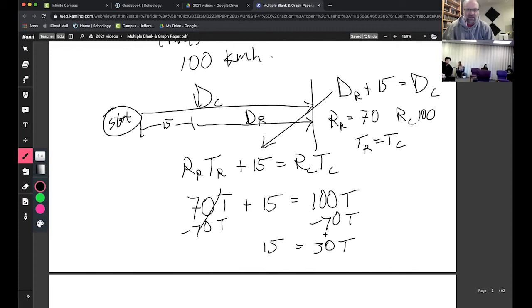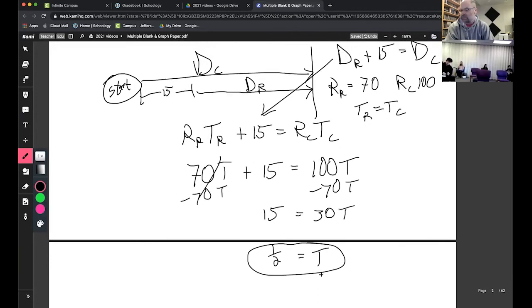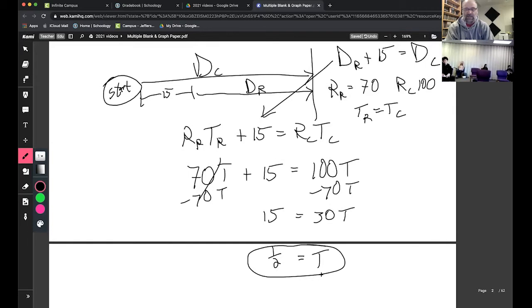Don't do this too fast. It's not 2. Divide both sides by 30 and t equals 1/2. Okay, so it looks like a half an hour is how long it'll take Rachel or Charlene to catch up. Okay.